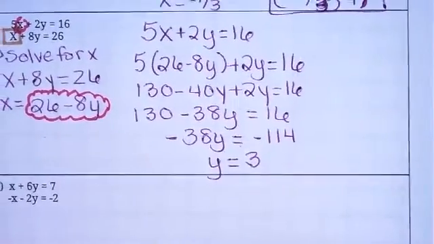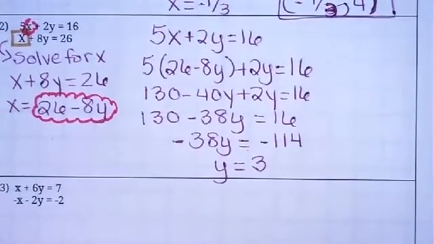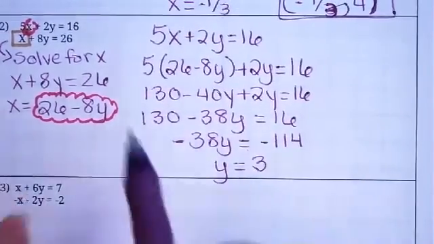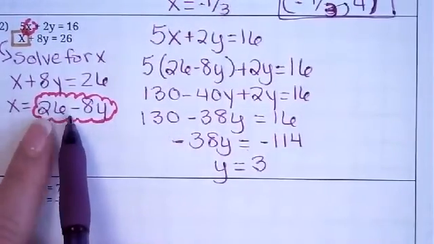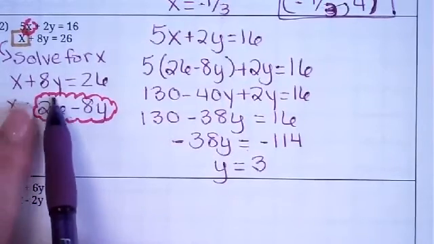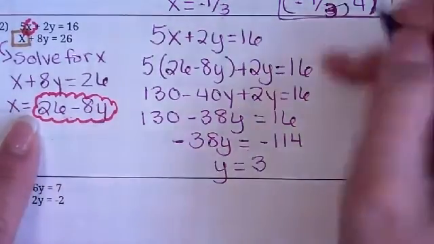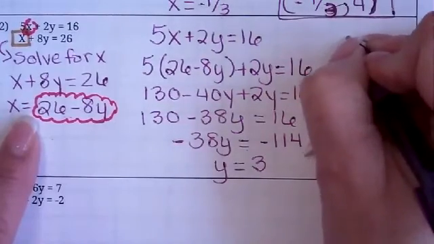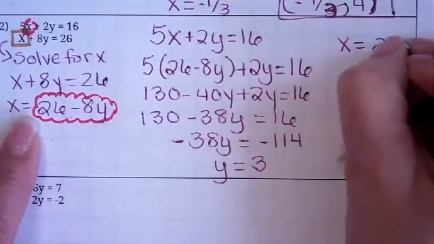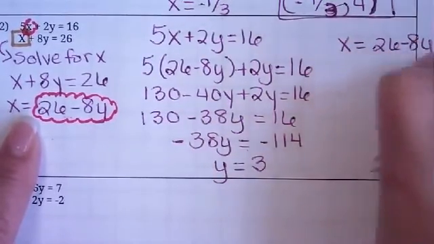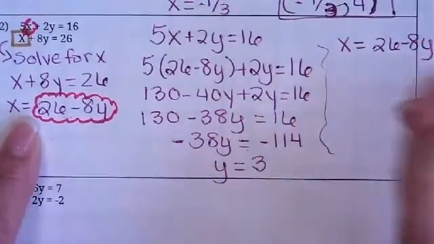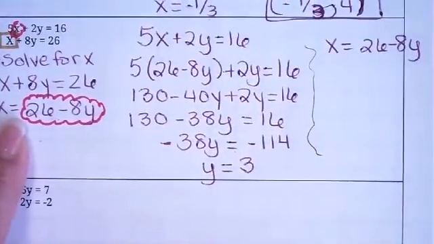Now I'm going to go back and I need to find my x. I'm going to grab this right here for the last part of the problem because I'm looking for x. So I'm going to use x equals 26 minus 8y. A little divide there so you can separate it for you.